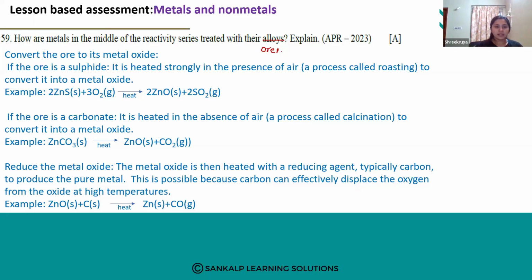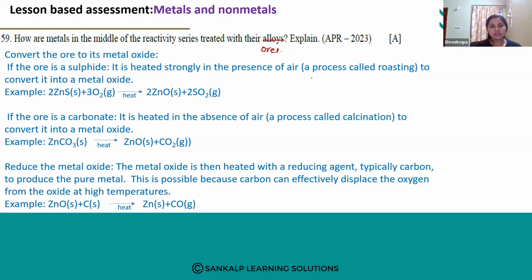If the metal is present as metal sulfide, then we use roasting, in which we heat the metal ore strongly in the presence of excess air. Metal sulfide will be converted into metal oxide.